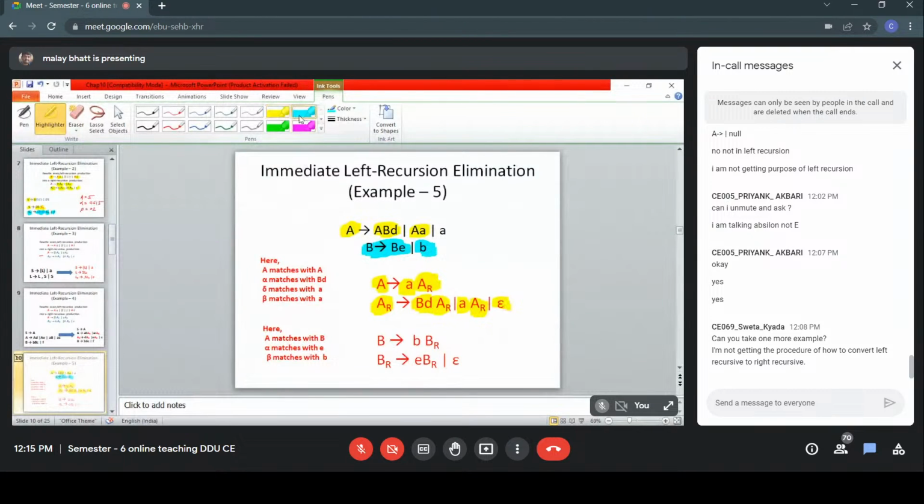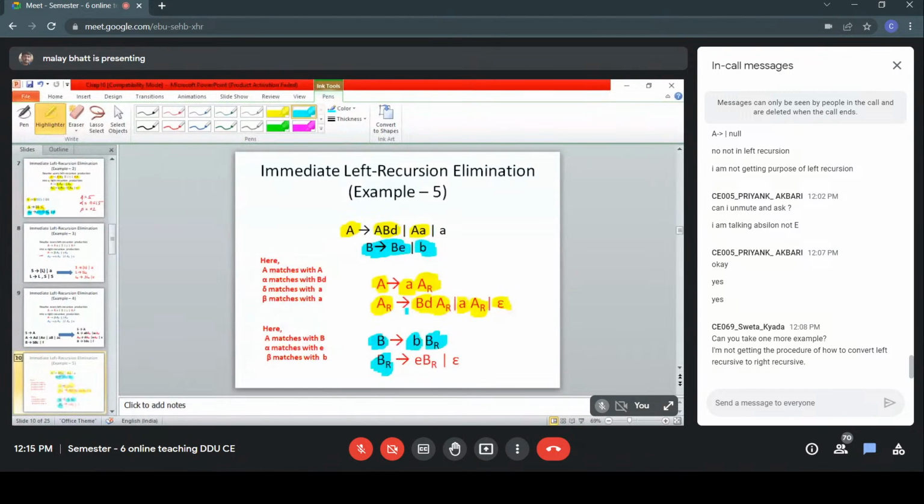Now similarly for the second rule, A matches with capital B in the second rule. Then alpha matches with E and beta matches with small b. We'll write capital B gives small b, BR. Then BR gives small e.